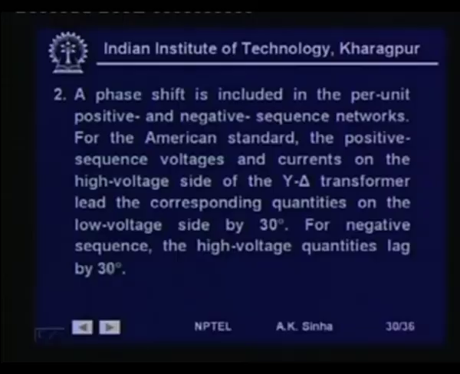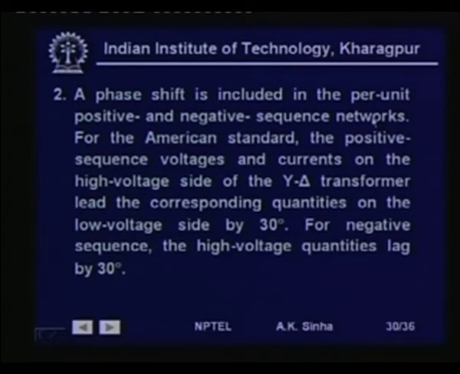So, the base has to be chosen as the line side voltages on the two transformers. So, we have to use the base voltages of the transformer, which depend on the turns ratio of the transformer. A phase shift is included in the per unit positive and negative sequence networks.